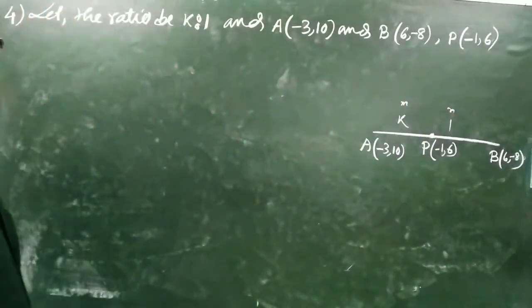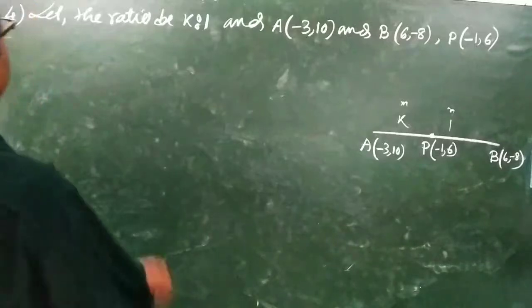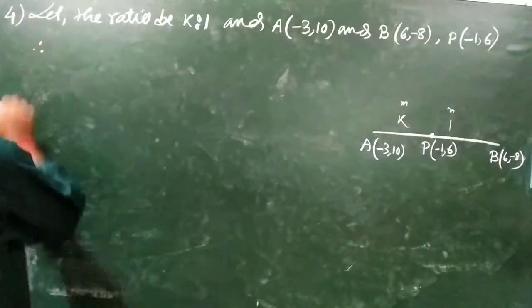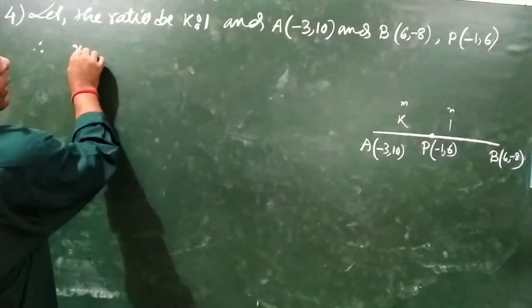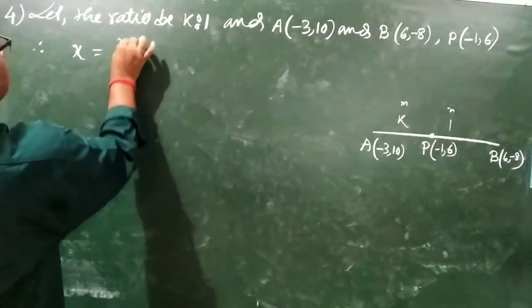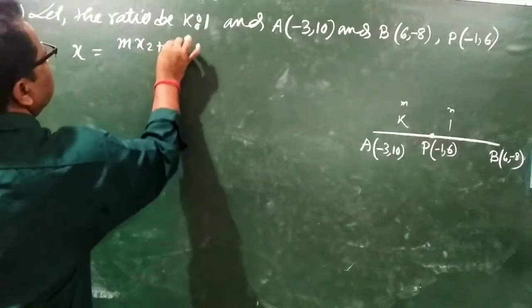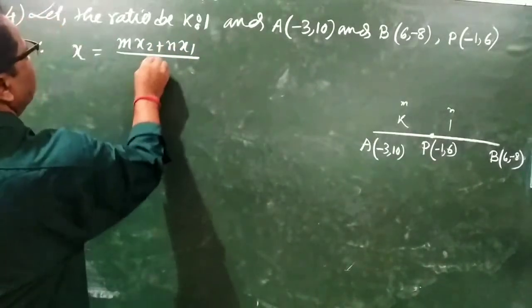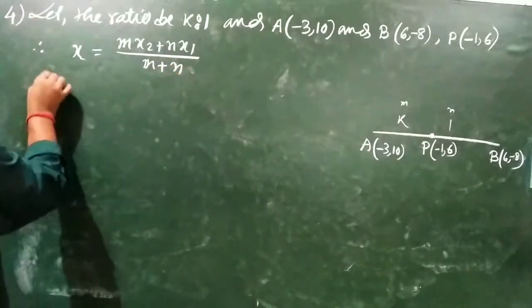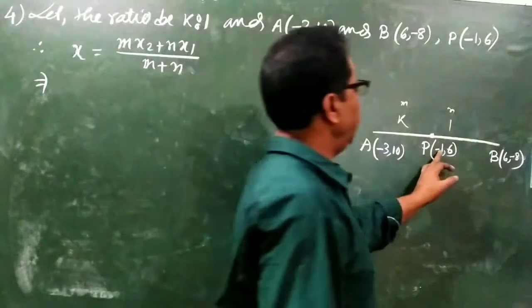So let's apply here section formula. Therefore by section formula we will get x is equal to mx2 plus nx1 divided by m plus n. The value for x is given here -1.